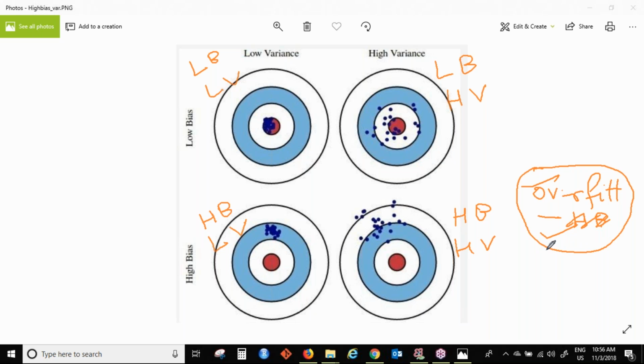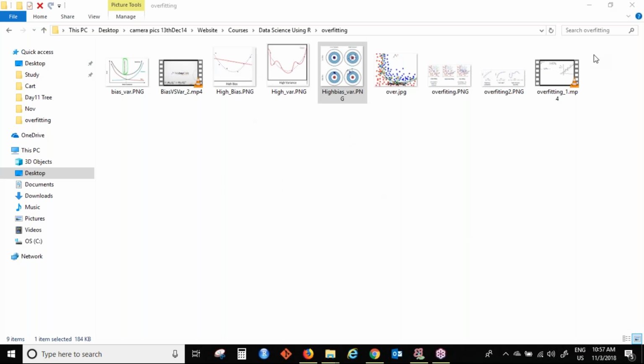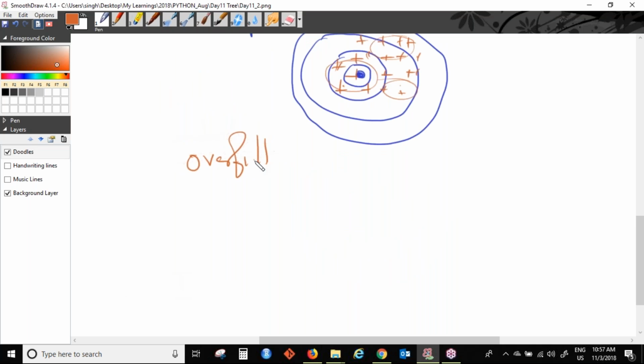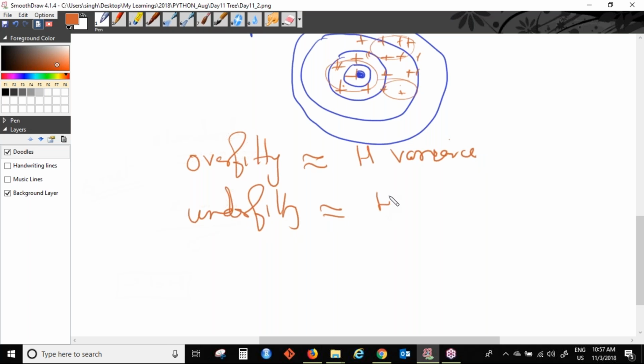Overfitting means high variance, and underfitting means high bias. Let me write this on the note. So overfitting is high variance and underfitting is high bias.